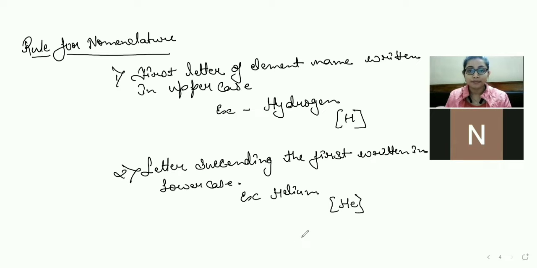Okay, now tell me the symbol of aluminium. Yes, A is the first letter in uppercase, and the second letter in lowercase is L. So it will be Al. Okay, got it?